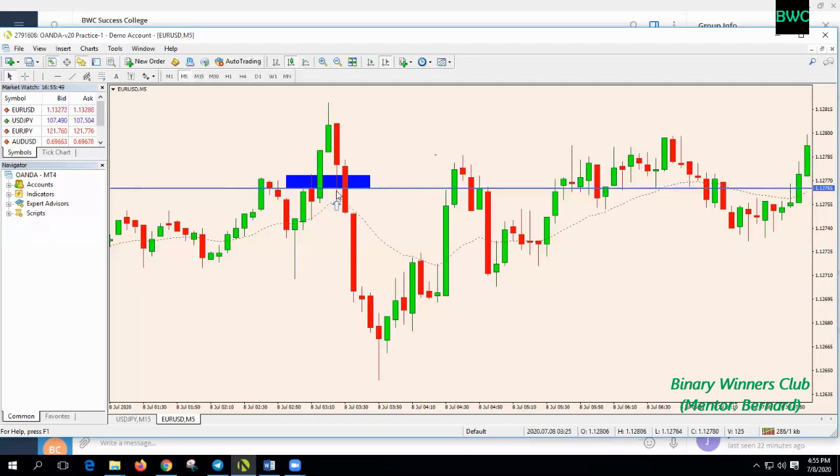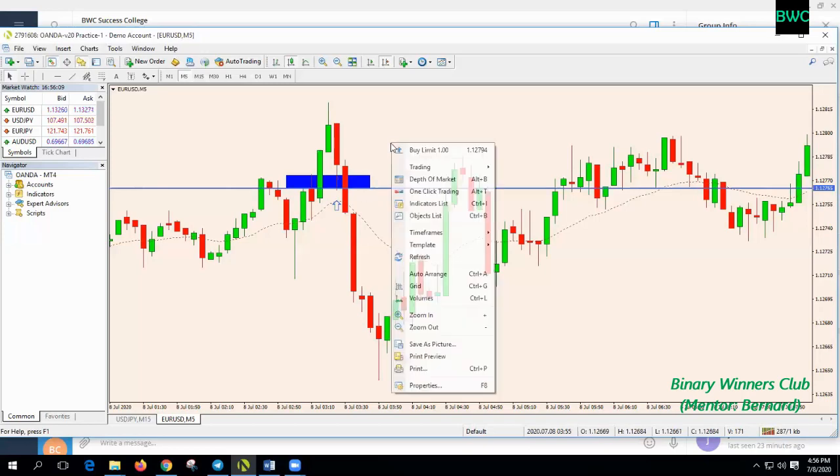So if you place your trade here, the candle will hit this level and even move down a bit, but it will always close above it, 80% of the time. The strategy I'm sharing with you has a win rate of 80% on average.